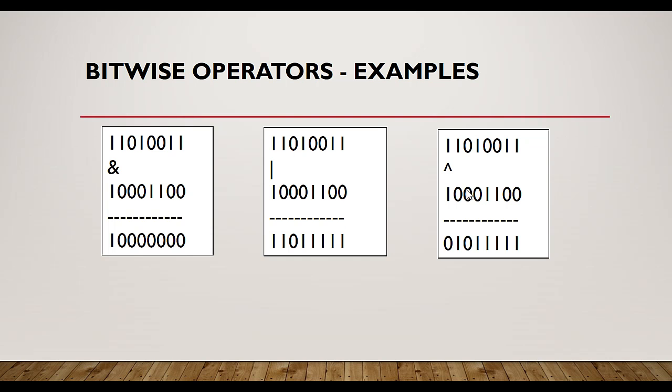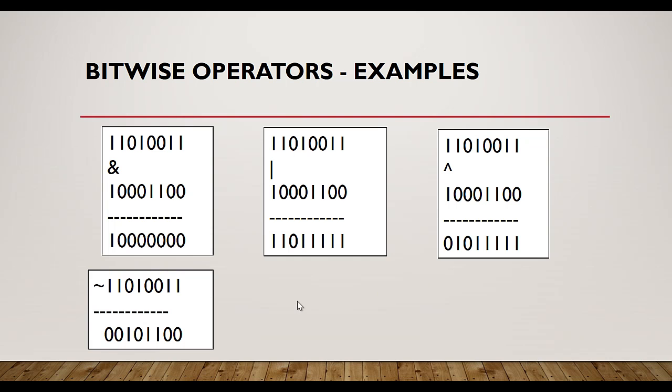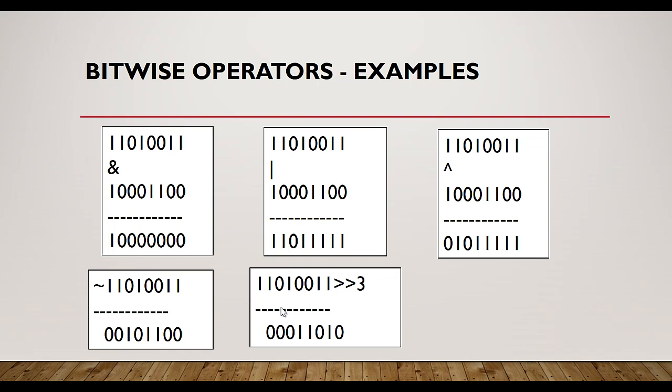XOR is slightly different: the bits have to be different. These positions are different, so they give 1. Here they are the same, so it becomes 0. That's all. One's complement, as I said, is unary. It just transposes zeros to 1 and ones to 0. That's called one's complement.